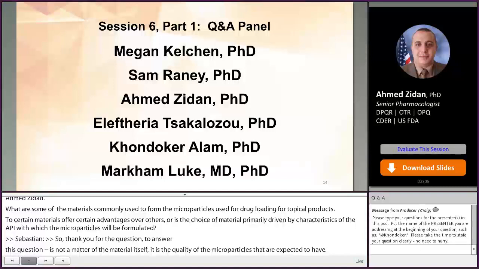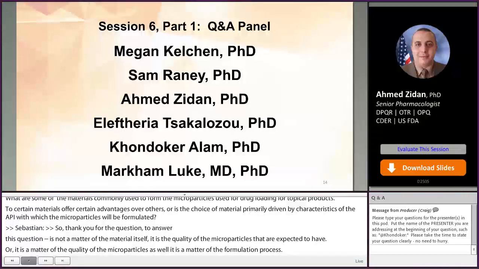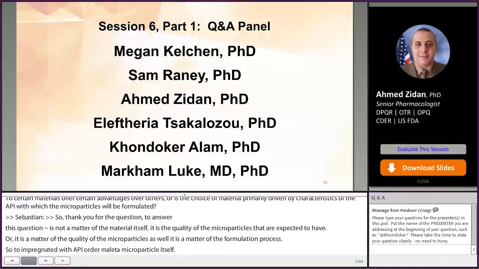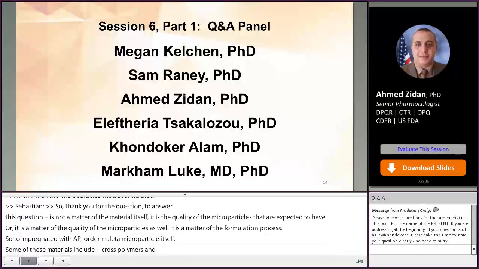Some of these materials include non-erodible methacrylate cross polymers, and these polymers vary so hugely in physicochemical characteristics that can affect the physicochemical properties of the microparticles that are formed.